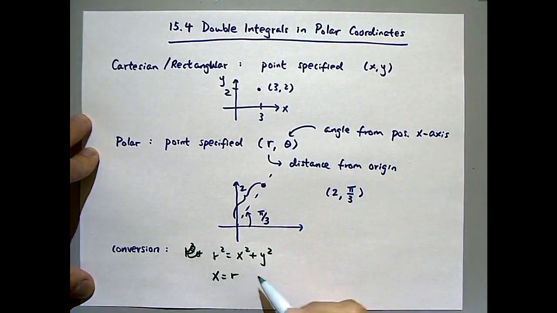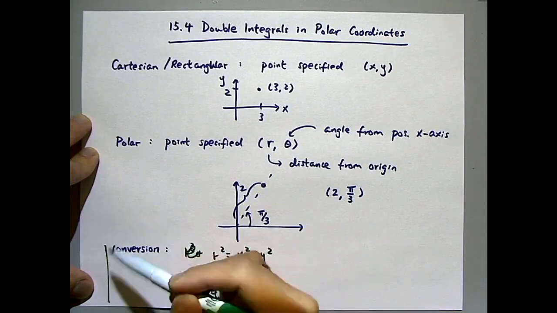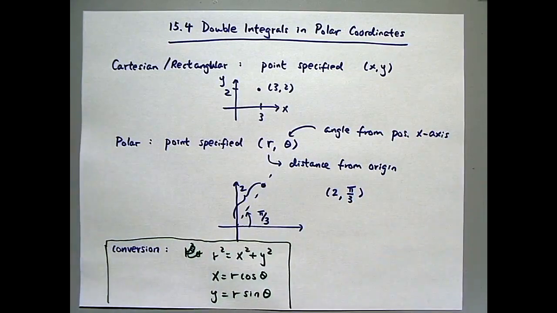And we also know the relationship between x and y and r and theta. This is a very important thing that's going to help us integrate stuff in polar coordinates.